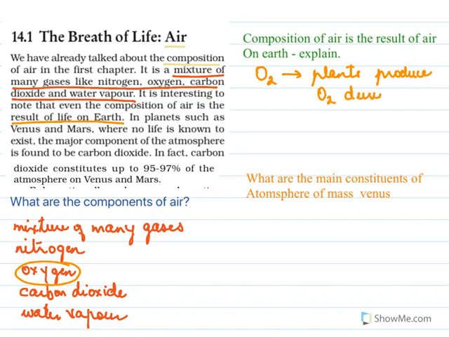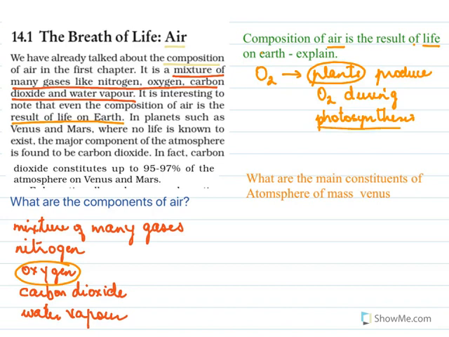They produce oxygen during photosynthesis. So the composition of air is a result of life on Earth. It's because of these plants that we have oxygen on the Earth. They produce oxygen by the process of photosynthesis.